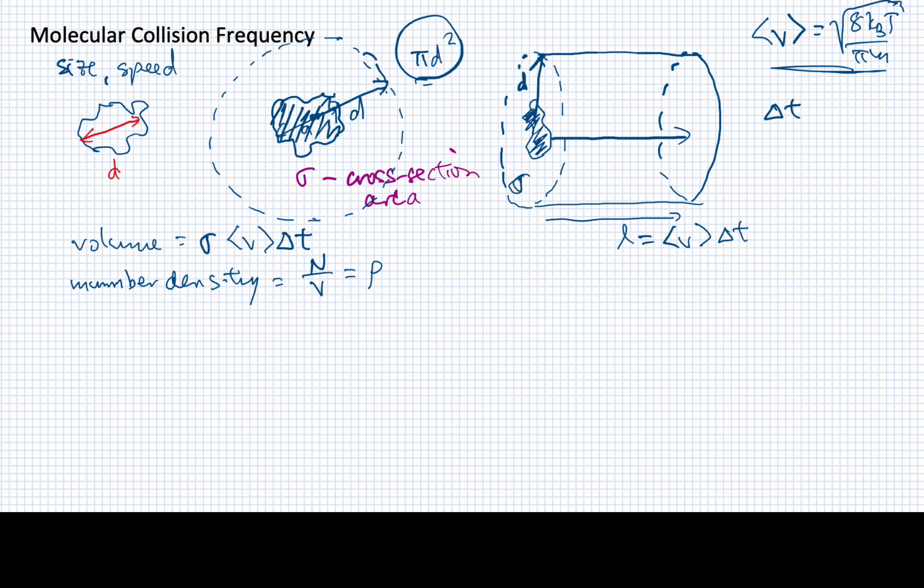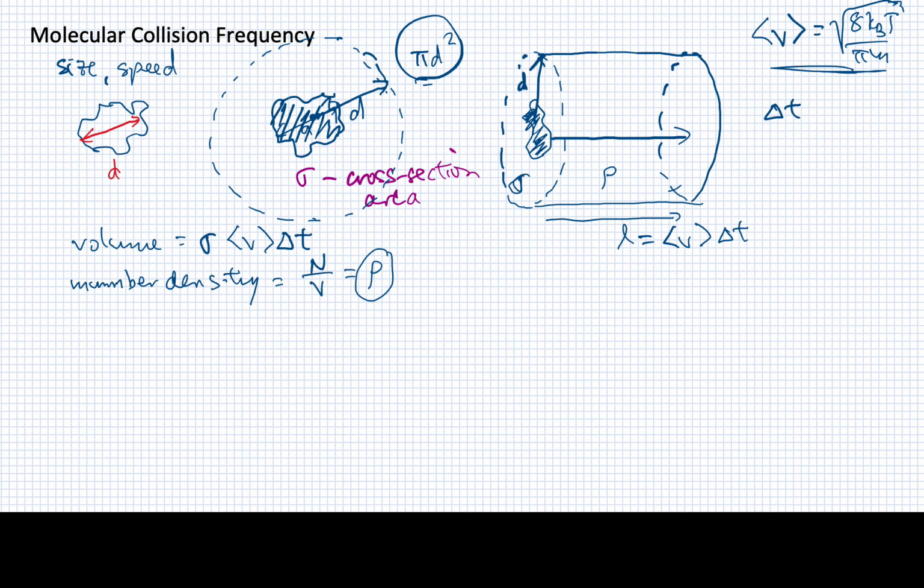All right. So if we have this, that means that whatever the size of this volume is, the chances there's going to be a molecule in there is given by rho. Or in fact, there will be rho molecules in there if we multiply rho times this volume.